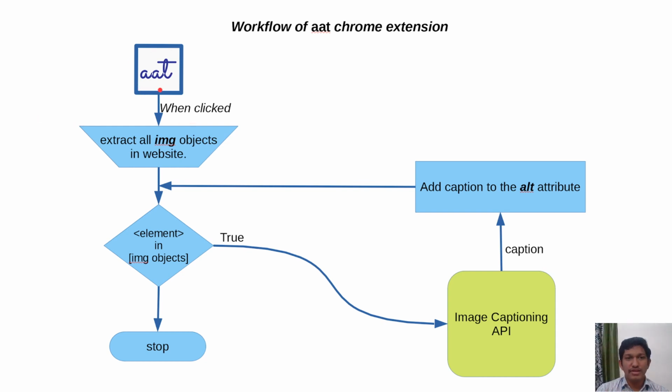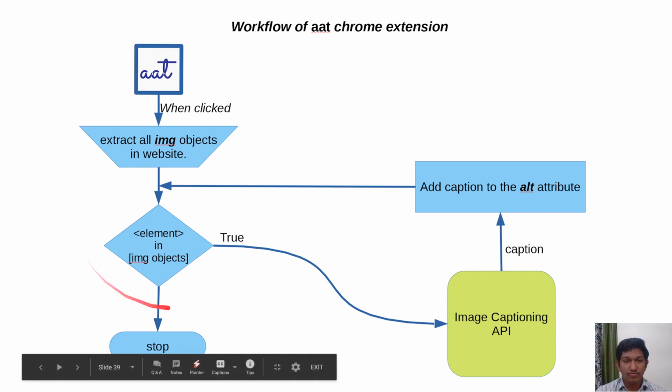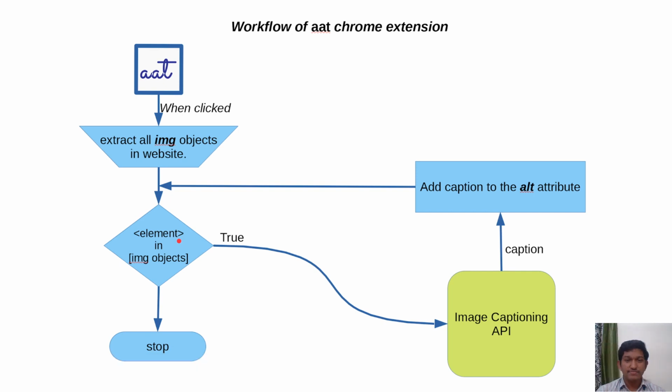Whenever this extension is clicked, it extracts all the image objects in the website. For example, if there are 10 images, all those 10 image objects will be collected here, and this is a for each loop. A for each loop is nothing but a single function applied on all the elements.